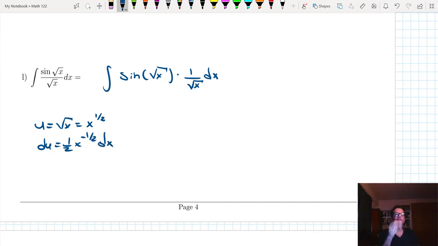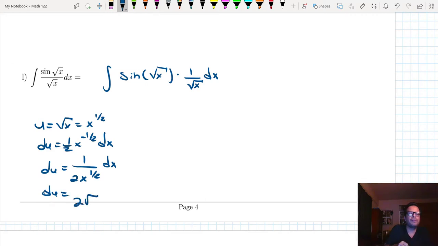This is going to be a mess with the negative exponents and whatnot, while originally we were having radicals. So let's change this to du equals x to the 1/2 dx. And then finally, 1 over 2 root of x dx.